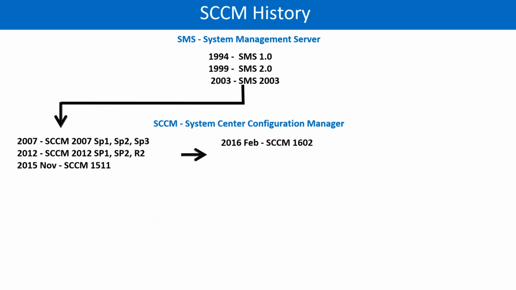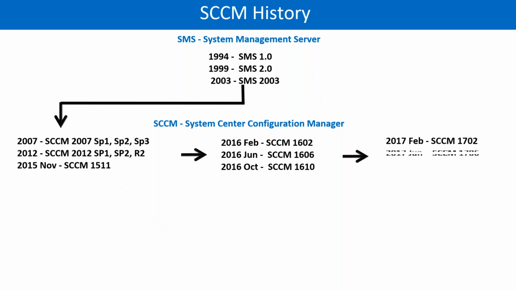For example, the first version released in the year 2016 was in February 2016, and that was SCCM 1602. Then SCCM 1606 in June, and then SCCM 1610 in October. So every year they are releasing SCCM 3 times.